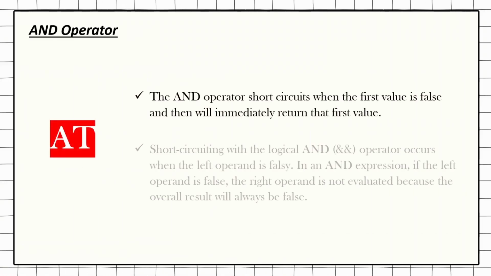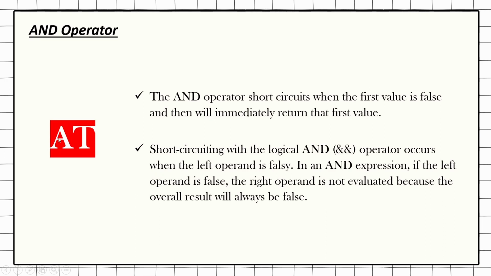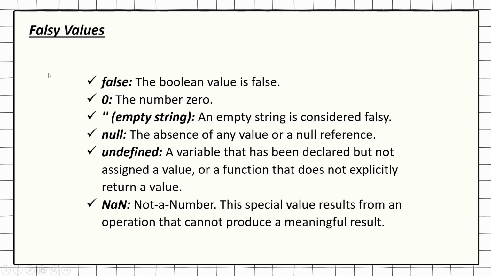Let me show you falsy values. You can see here that whenever our first operand value is true, then our second operand value will be displayed. But if the first operand is false, then short circuiting will happen and the first operand value will be displayed. So these are falsy values. Whenever we give false, it means the value is false. 0 is also false.